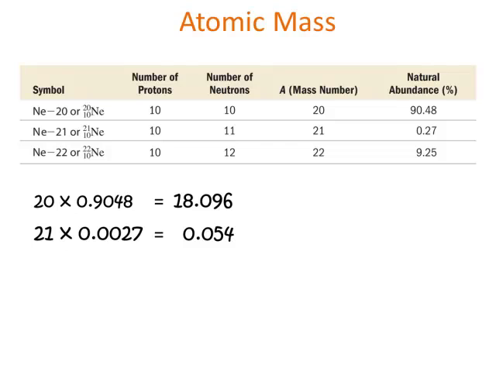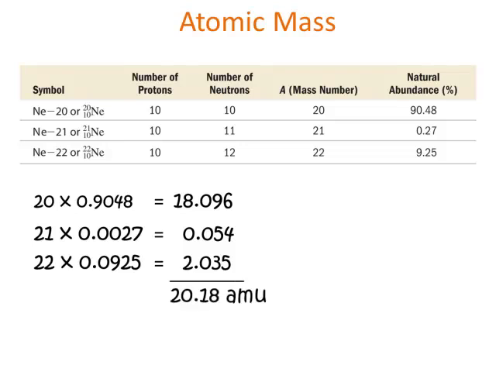For the third isotope, 22 times 0.0925. Then add all those values together to get the average atomic mass for neon, 20.18 atomic mass units.